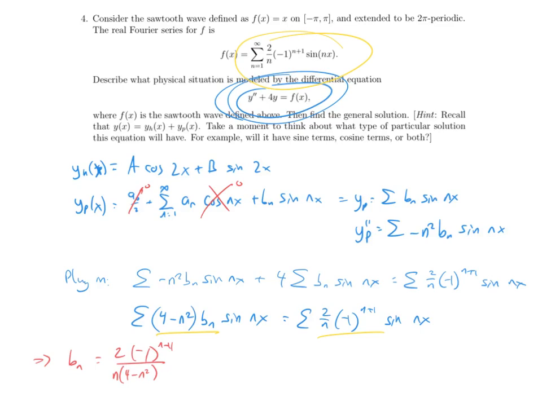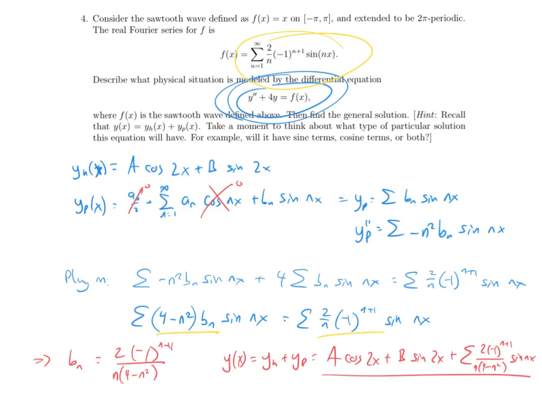Yeah, so what that means is that the general solution is homogeneous plus particular, which is a cosine of 2x, should have used t, b sine of 2x plus the sum of 2 negative 1 to the n plus 1 over n times 4 minus n squared, sine of nx. So that's your final solution right there.